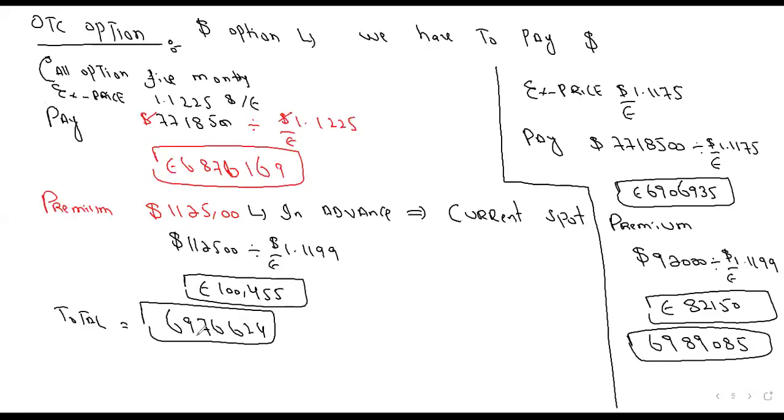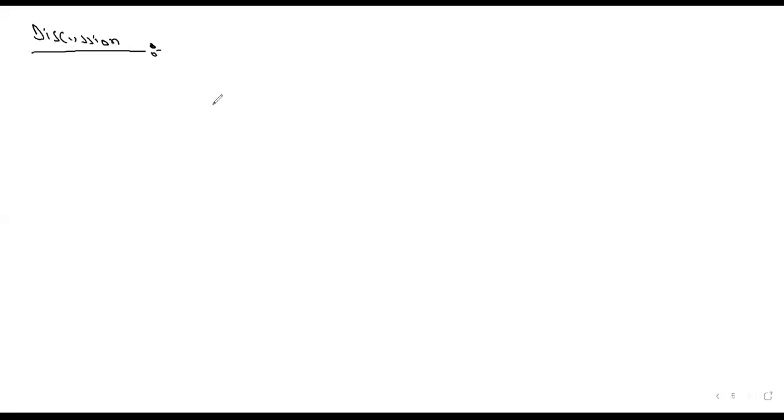Here, 6969. First of all, you will tell the examiner using future, the company will pay less than the options contract.